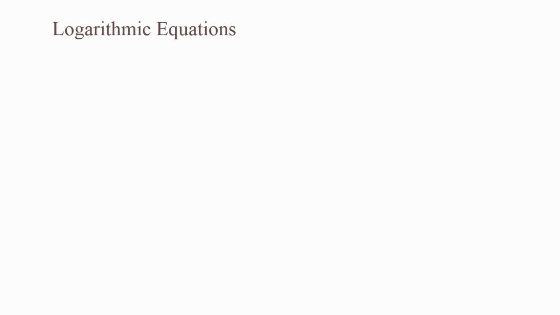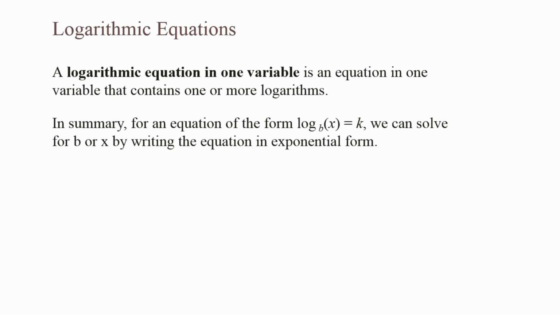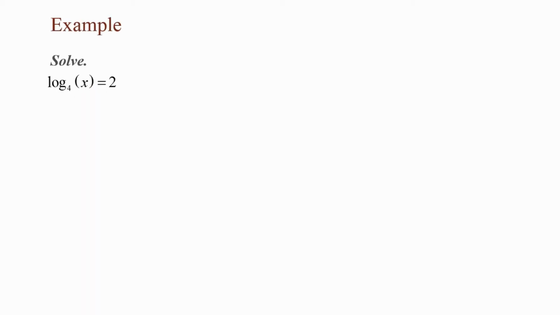Logarithmic equations. A logarithmic equation in one variable is an equation in one variable that contains one or more logarithms. In summary, for an equation of the form log base b of x equals k, we can solve for b or x by writing the equation in exponential form.